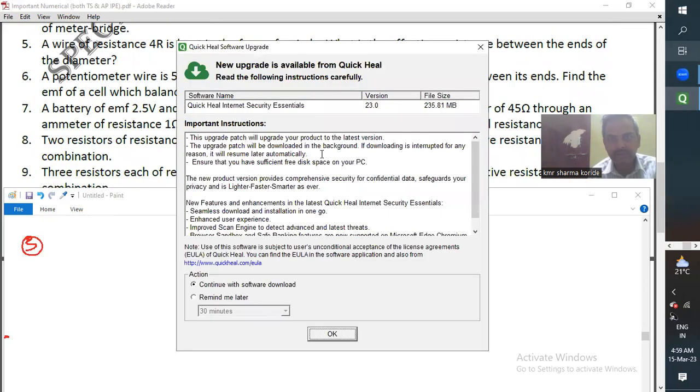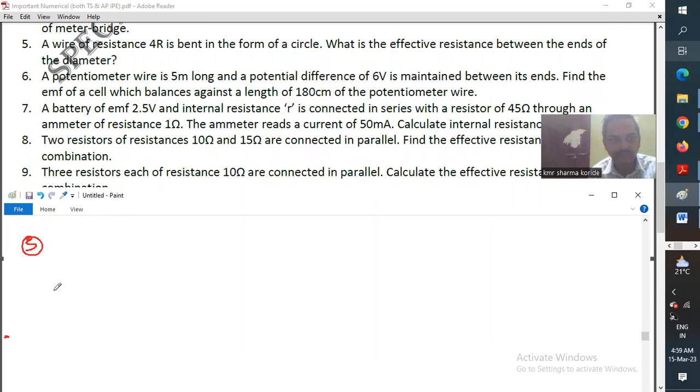Question number 6. A potentiometer wire of 5 meters long and a potential difference of 6 volts is maintained between the ends. So therefore, across the total length, the potential difference maintained is 6 volts.